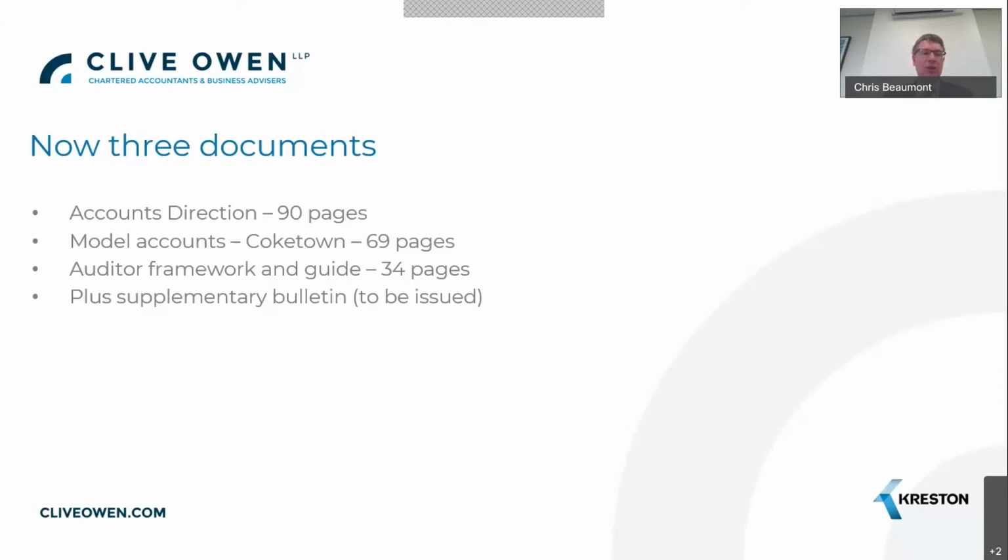In respect to the auditor's framework and guide, you might say, well, why is it a guide rather than direction? Well, it's called a guide for auditors because the ESFA are not the regulators of the audit firms out there, and therefore all they can do is give us guidance around the true and fair view element of our audit report that we submit to yourselves.